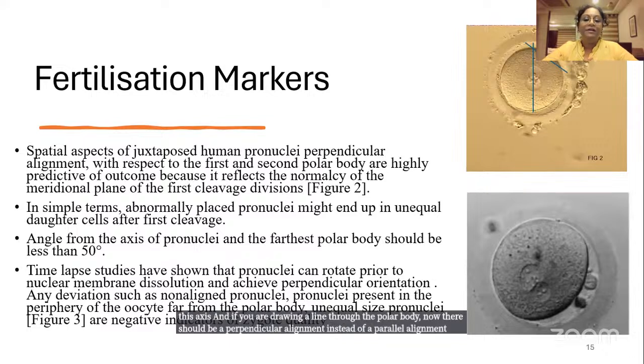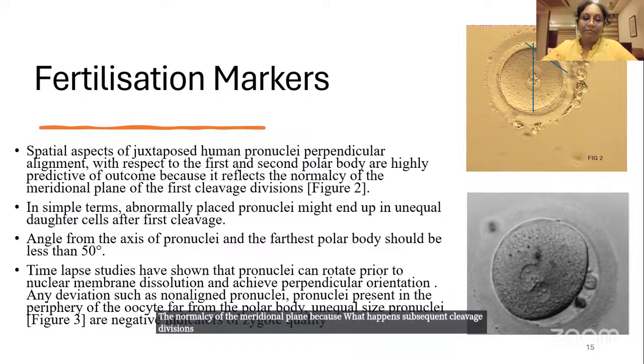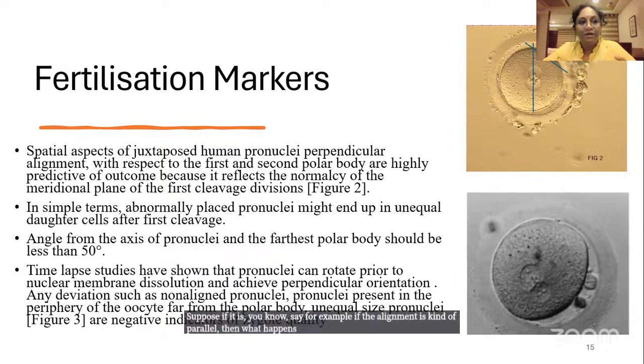This perpendicular alignment reflects the normalcy of the meridional plane, because in subsequent cleavage divisions, the genetic material should get equally distributed between the 2 daughter cells. If the alignment is parallel, then when the cell divides, one cell will get both nuclei, whereas the other cell will not get anything. And this cleavage will not go further. The embryos can get arrested.